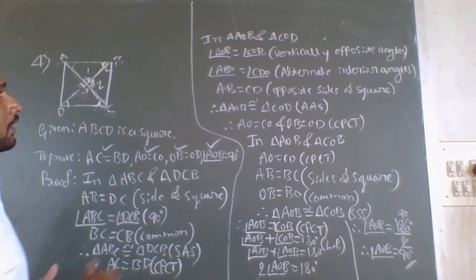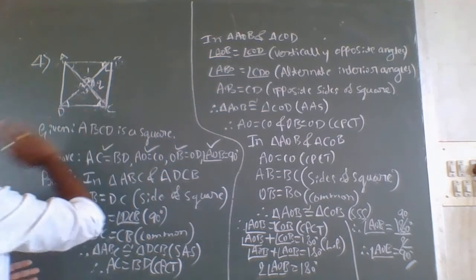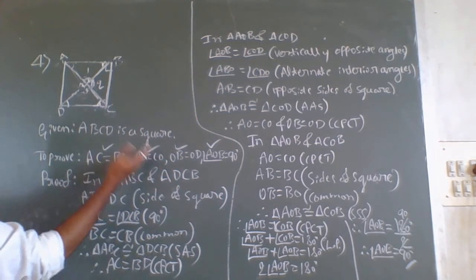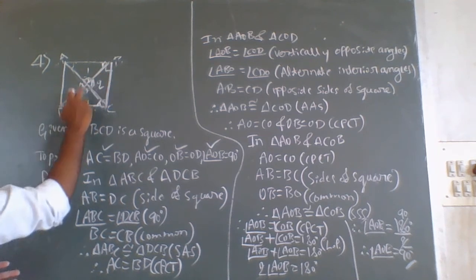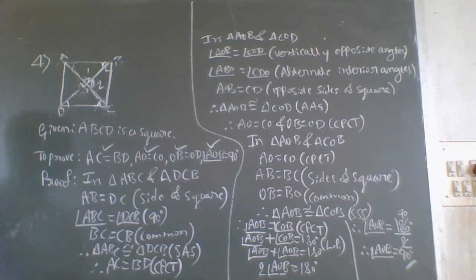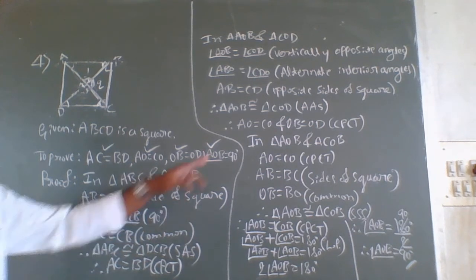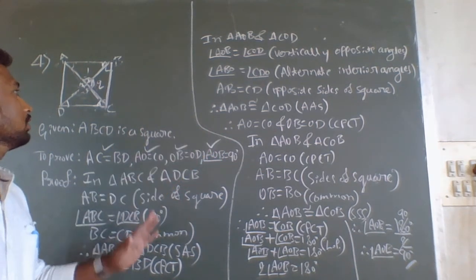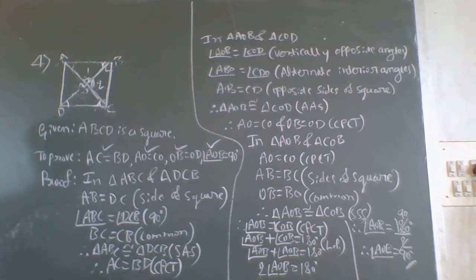Again we have to prove these two triangles are congruent. If these two triangles are congruent, then we can write AO is equal to CO and BO is equal to DO. Therefore, below this you have to write diagonals bisect each other in a square.